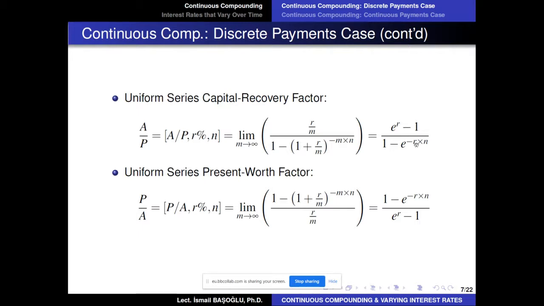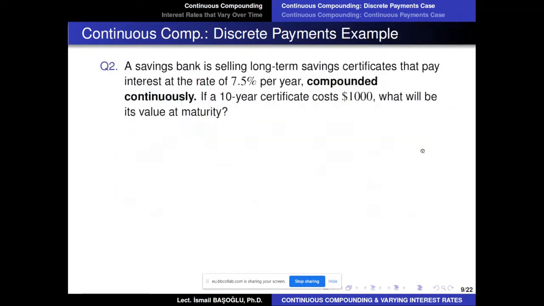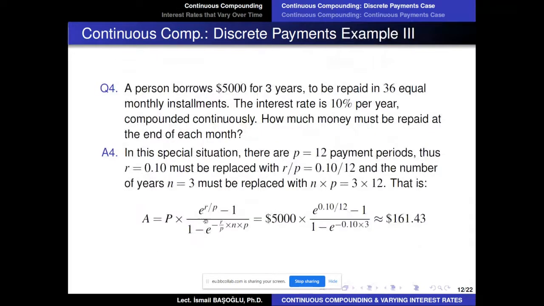So this r will be replaced with r over p, and n will be replaced by p times n, the number of payment periods. Of course, if you do this operation, the p values will cancel out in the denominator of the formulation. You will see r times n. In this solution, we have e to the power r over p here, and r over p and n times p here, where the p's cancel out. Again, we just multiply r with n.